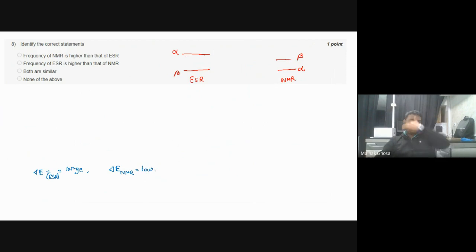Okay, because delta E is just the energy difference between the alpha and beta state. So here there is no concept of this positive or negative sign. You can see that the g values are different, and also the energy difference depends upon this g value. Okay, and it was shown that the delta E for ESR is higher compared to the delta E of NMR.